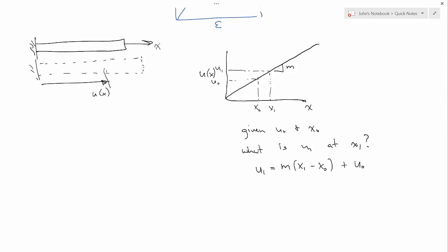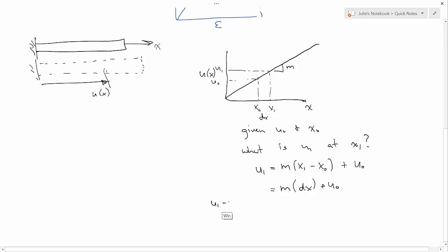Now if x1 and x0 are an infinitely small distance apart, dx, infinitely close to one another, then I have the slope m times dx plus U0, and I might also write U1 minus U0 is equal to m dx.